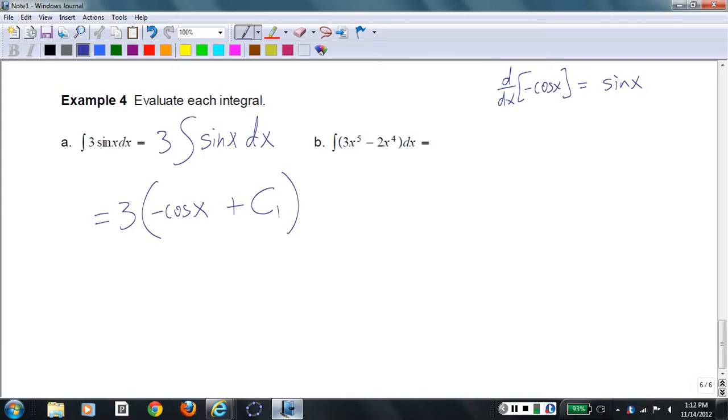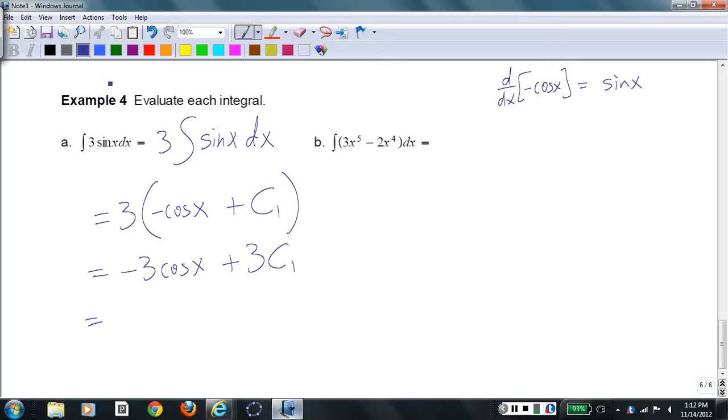Of course, we would want to distribute the 3 across the parentheses. There's no need to leave this in parentheses like this. So this is negative 3 cosine x plus 3 c sub 1. But the thing is, 3 c sub 1 represents an arbitrary constant, and it's kind of silly just to say 3 c sub 1 could be anything. It would be better just to rename it, call it c.